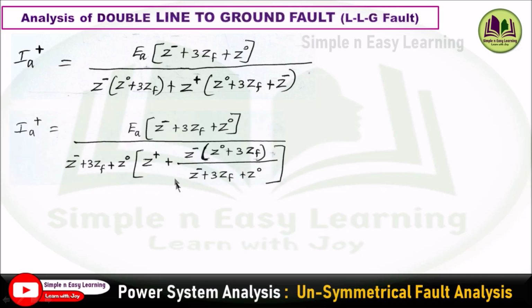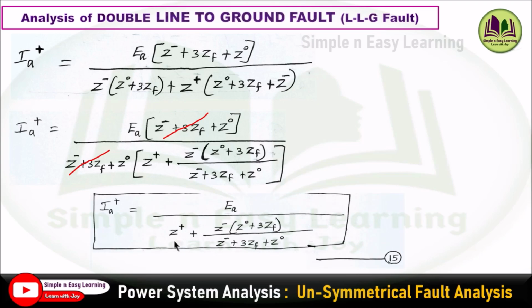So the denominator becomes Z plus Z minus into Z0 plus 3ZF divided by this whole term. Now you can cancel these two terms. So your IA plus equation becomes EA divided by Z plus Z minus into Z0 plus 3ZF divided by Z minus plus 3ZF plus Z0. So this is your 15th equation, and this is the positive sequence current IA plus.